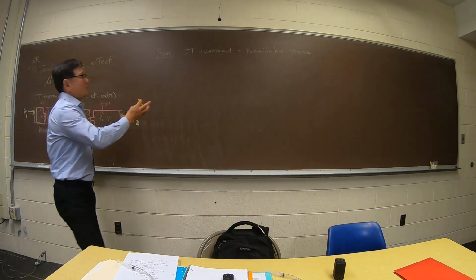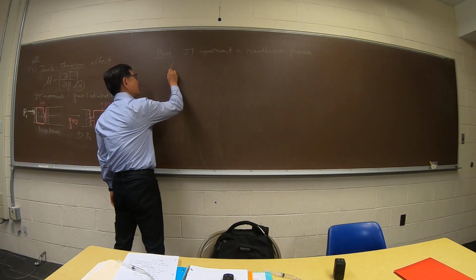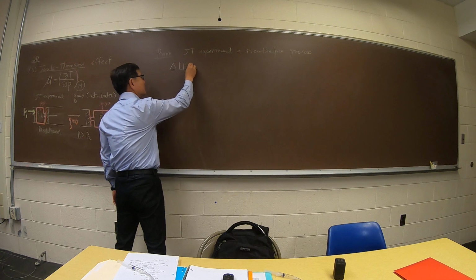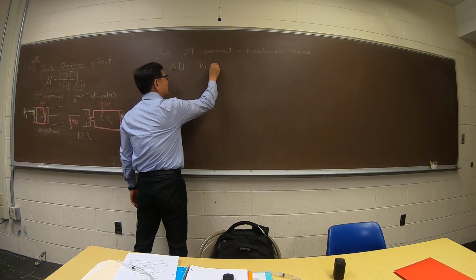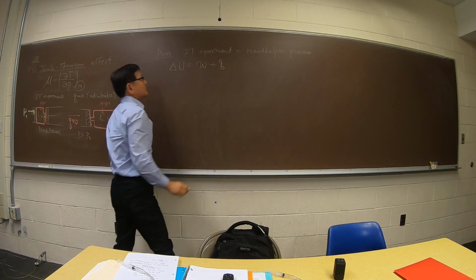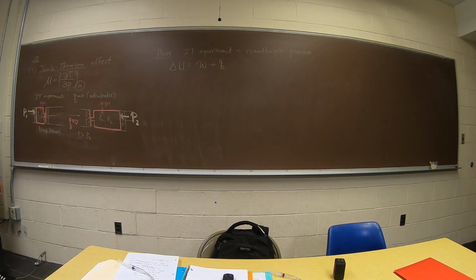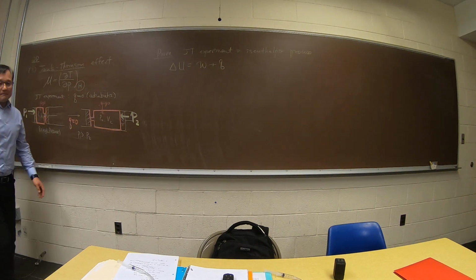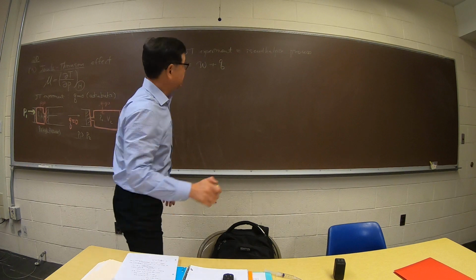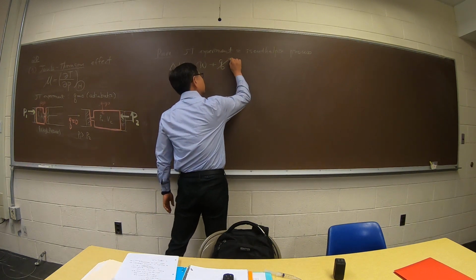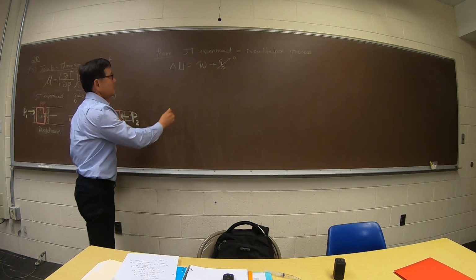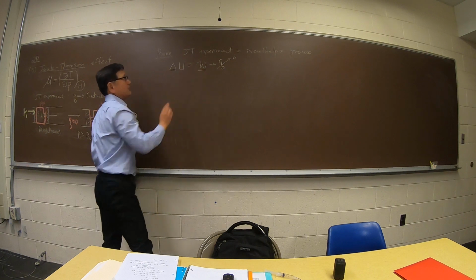Then I am going to start with an equation that looks familiar, delta U equals work plus heat. Right? So this is something that I can start with. And that's easy, there's no heat. So this process is defined by this work.